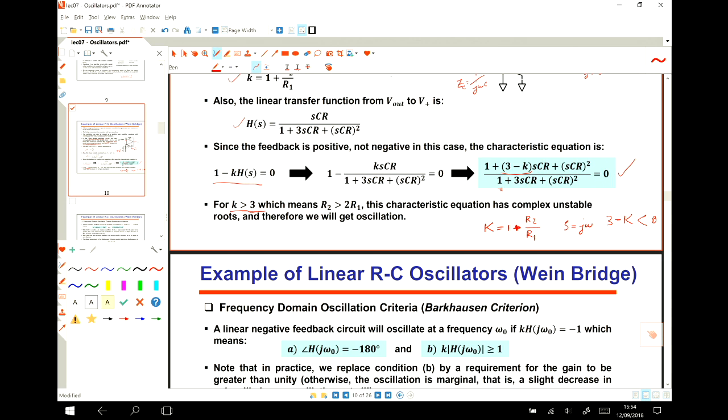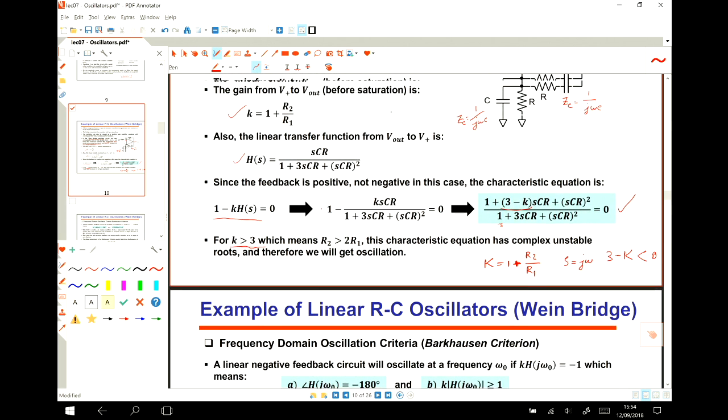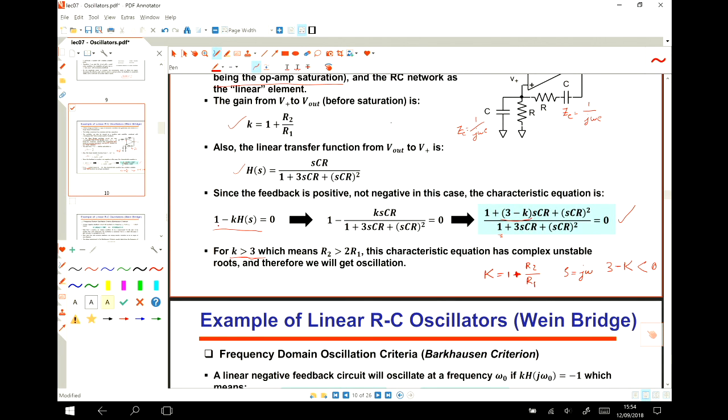Is this clear? No, this is the condition of this system. This is the condition that I mentioned, that one. So the whole system is Hs divided by 1 plus GsHs.